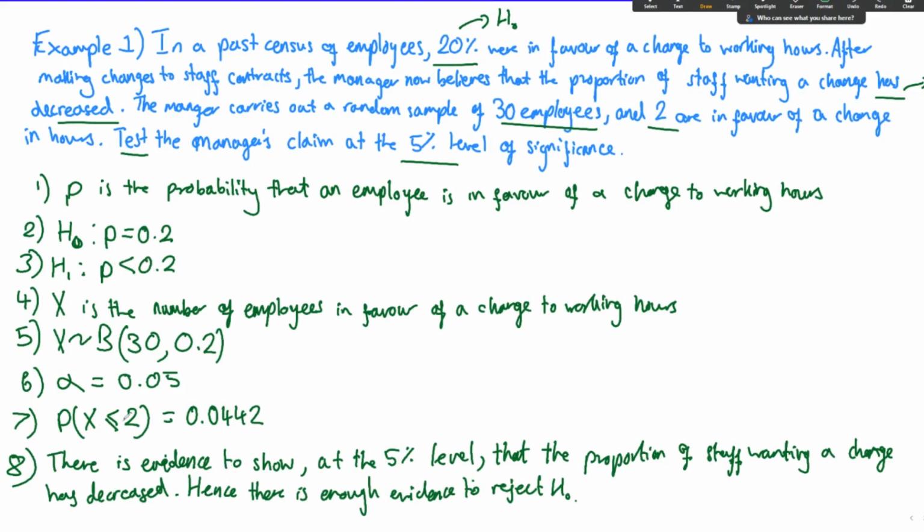And the reason why we say x is less than or equal to 2 rather than x equals 2 is because every single value of x below 2 will be even more unlikely than 2. So that's why we also include those. And it's always a cumulative distribution.